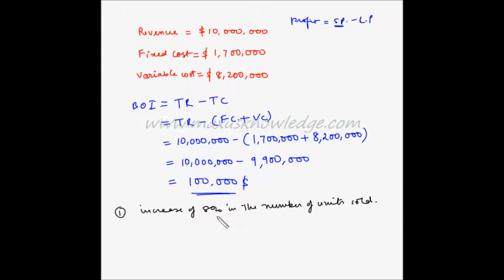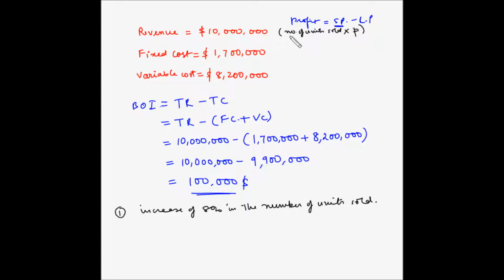So when we say there is an increase of 8% in the number of units sold, what does that mean in terms of revenue, fixed cost and variable cost? So revenue, as we said, is equal to your number of units sold multiplied by the unit selling price, which is denoted as small p.